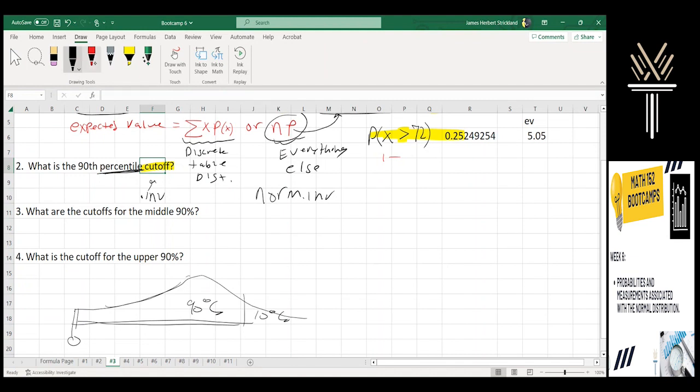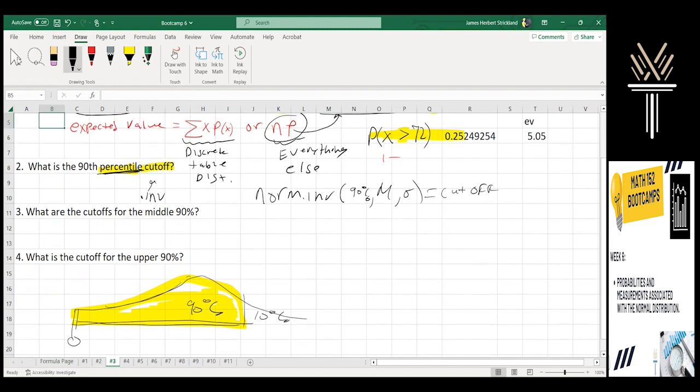What's important though is that percentiles are always talking about the left-sided probability. And we like it when it's left-sided probability because that's how Excel likes it. Excel likes the probability on the left, which means I only need to worry about norm.inverse of 90% given the mean and the deviation, and I'll get that cutoff. That will give me my measurement.